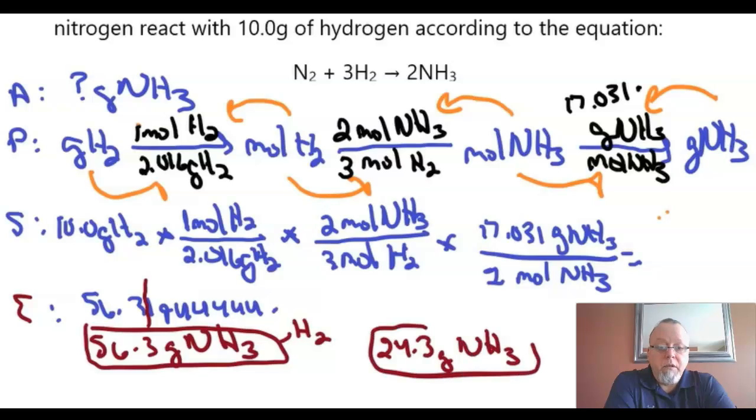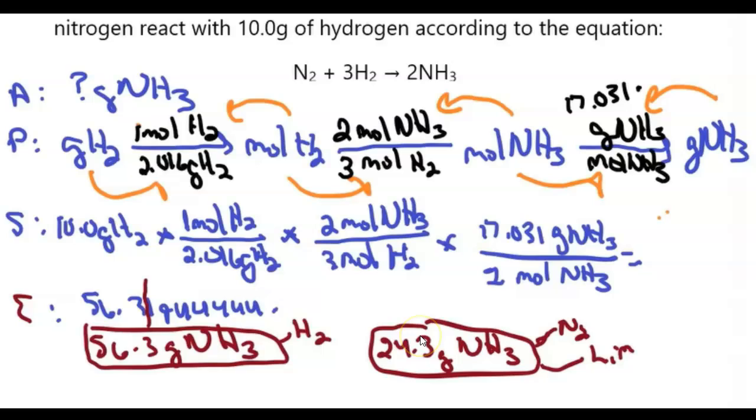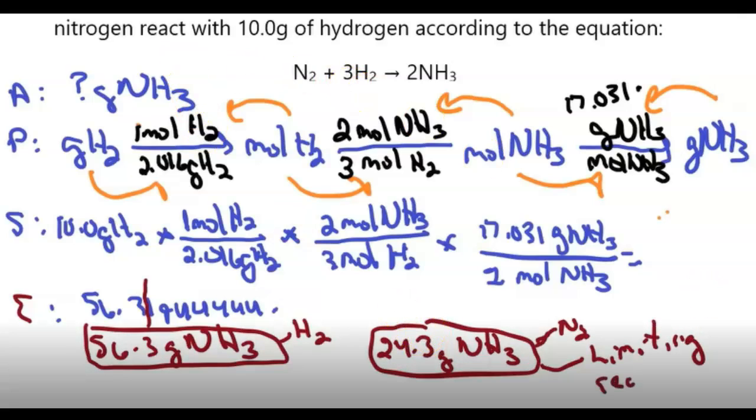So when each of these reacts, they're producing a maximum of 56.3 or 24.3. So nitrogen is our limiting reagent or limiting reactant. It's a reactant, it's on the left side. It's also a reagent. It's just another way of saying it.